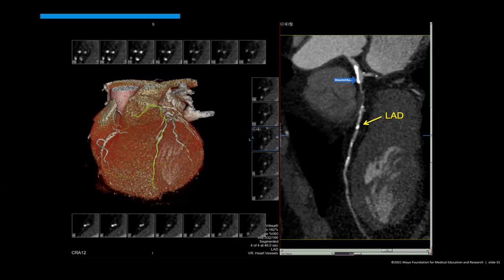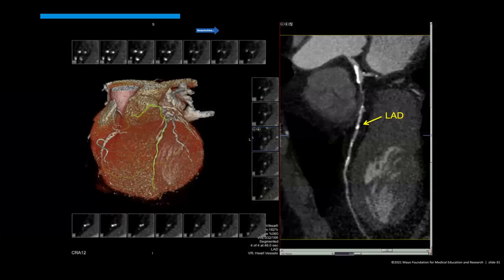Yeah, exactly. So we have significant or severe coronary artery disease in the LAD, calcified and non-calcified. Here in the proximal LAD in particular, this is a very worrisome, vulnerable looking plaque with the positive remodeling.